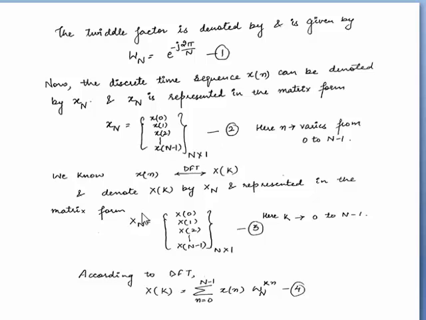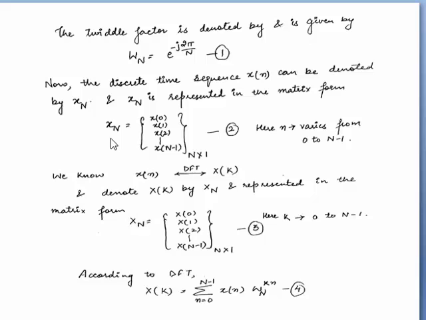So this is an N cross 1 matrix and the range of n varies from 0 to N minus 1. Now the DFT of x of n is denoted by X of k. We can also represent X of k in matrix form by capital X base N. Small x and capital X are different.